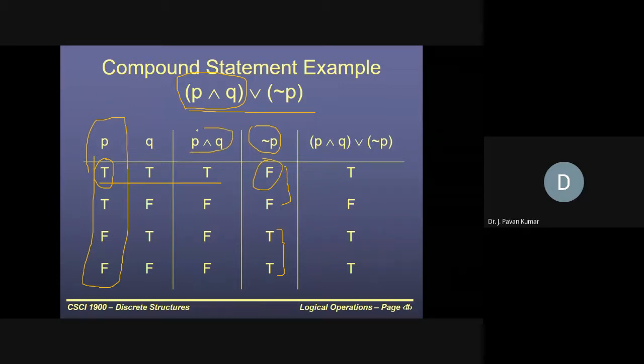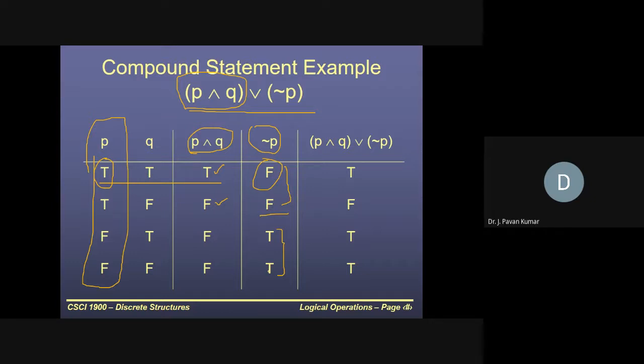Because here we are considering P and Q or negation P. In this P and Q we have considered true and false, and the corresponding negation P only we have to consider. That's why we have four entries here, and I hope you understand why we have four entries for negation P.